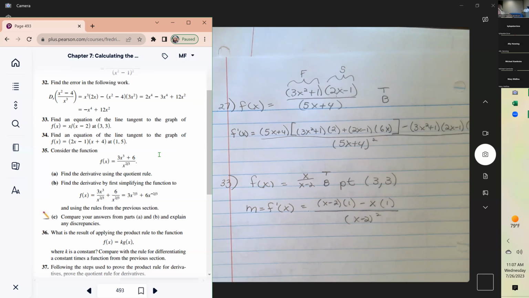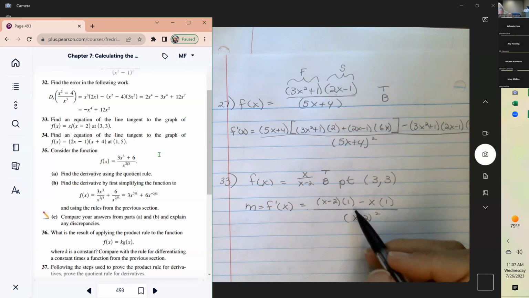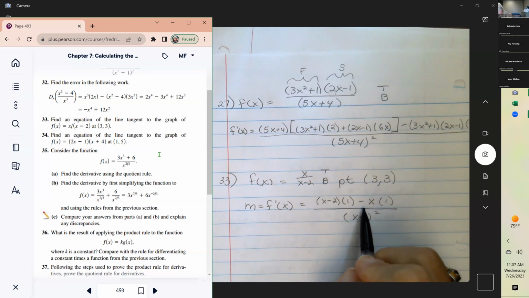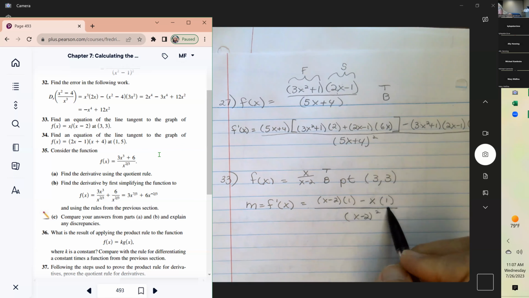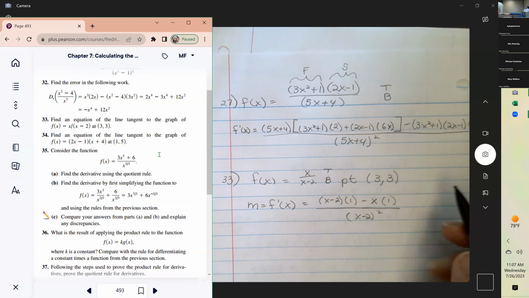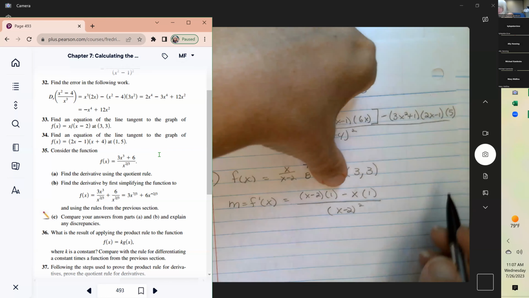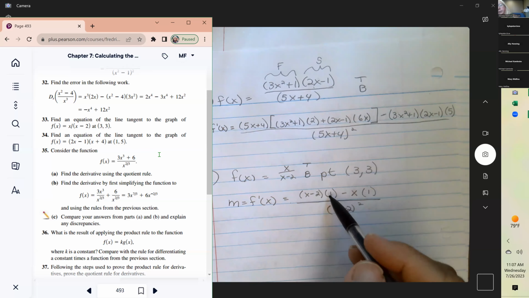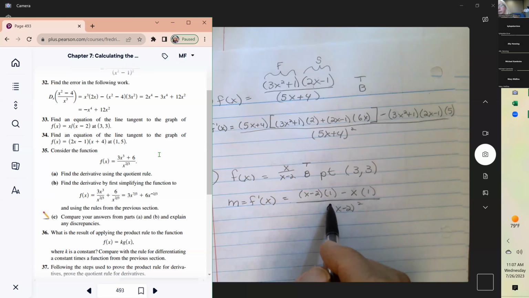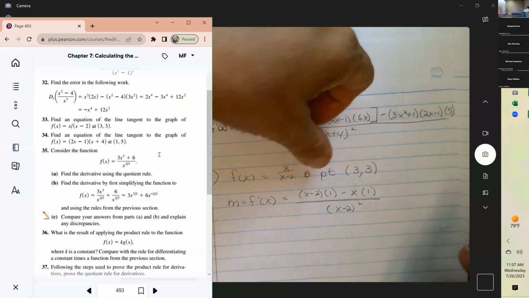We did bottom times the derivative of the top is just 1, minus the top times the derivative of bottom is also 1, all over the bottom squared. I'm going to simplify this one, but you could plug your 3 in here. You don't have to. But this one simplifies nice.